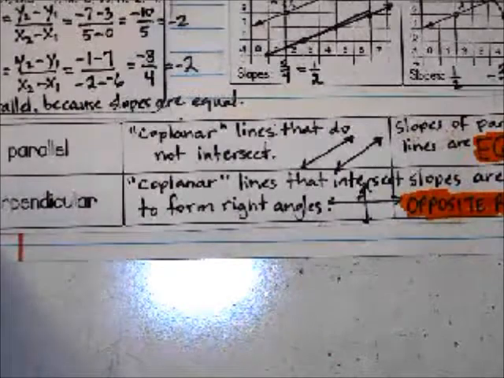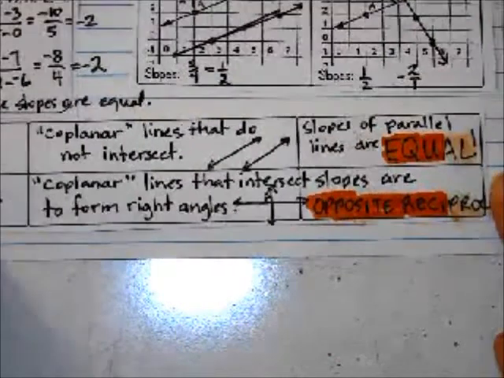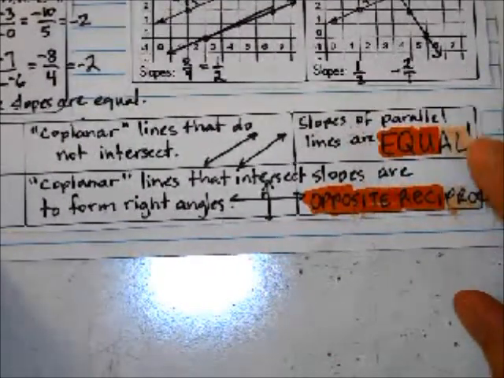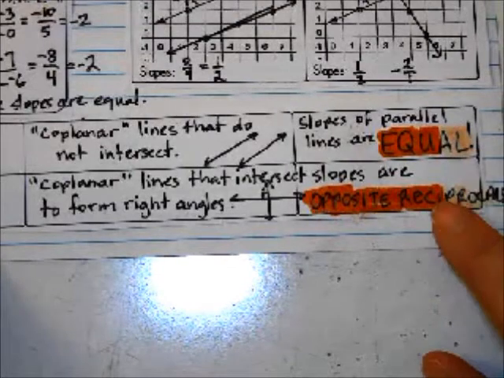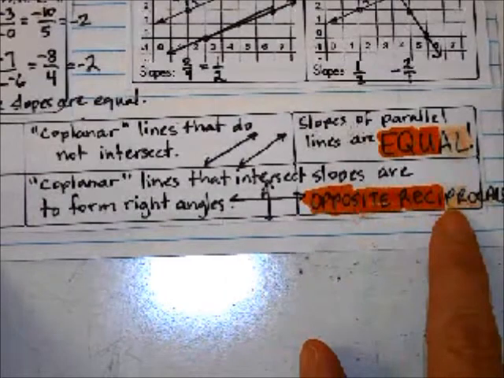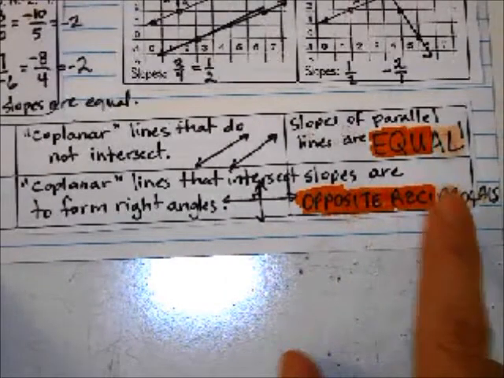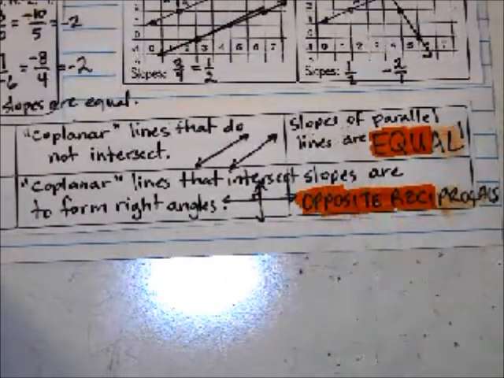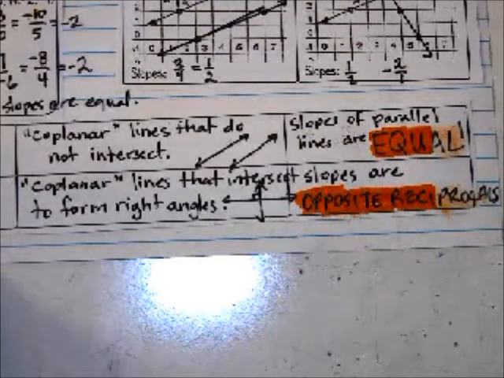Then in this little blank at the end, I just reminded you that slopes of parallel lines are equal and slopes of perpendicular lines are opposite reciprocals. Very important, opposite reciprocals. So pause the video and get all that filled in for me.